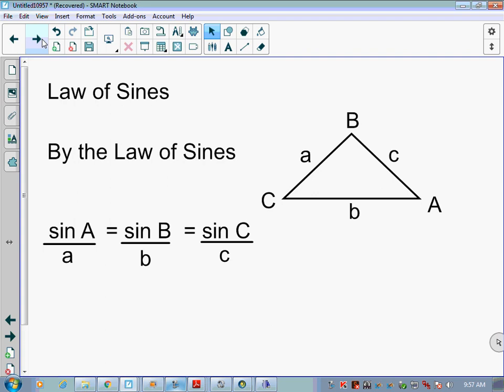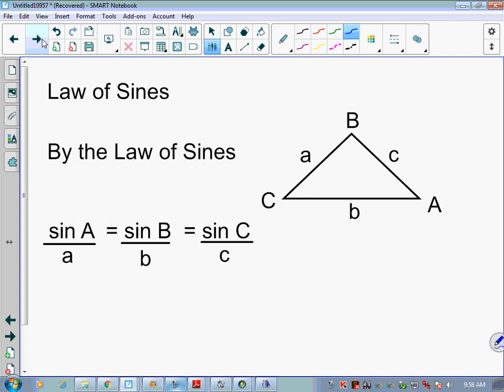From here, we're going to talk about the law of sines. If we need to find lengths of sides or sizes of angles, this is our law of sines. Basically we have a proportion. If I know angle A and side A, but I don't know what angle B is, but I do know what side B is, I can set sine of angle A over side A equal to sine of angle B over side B. These can go in any order.